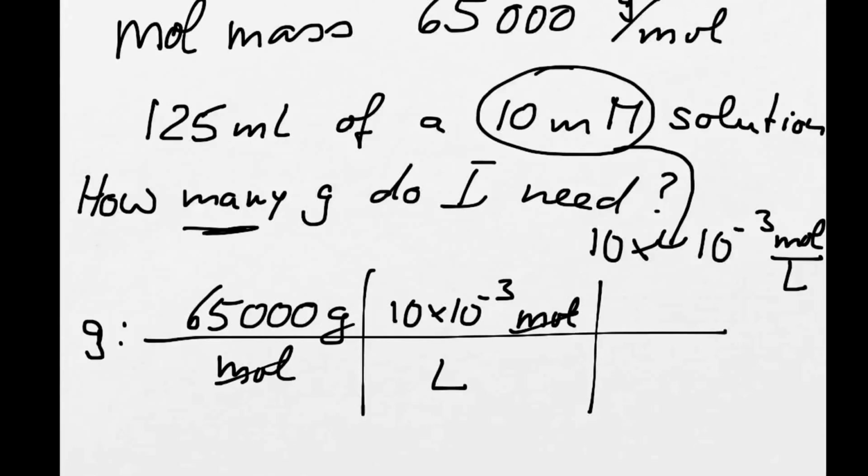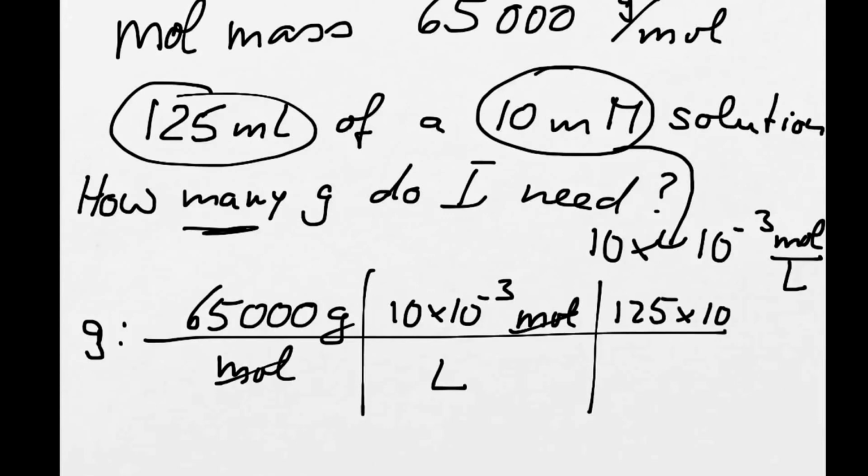We've got a liter left. Do we have any liters? Yes, where? We have 125 milliliters, so we've got 125 times 10 to the minus 3 liter.